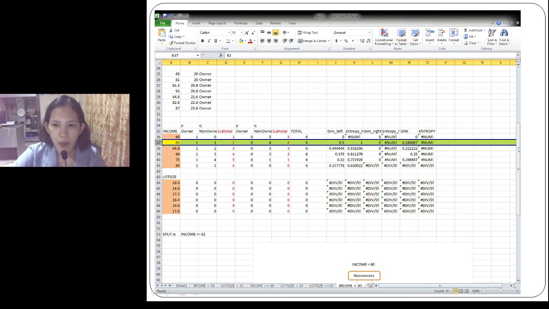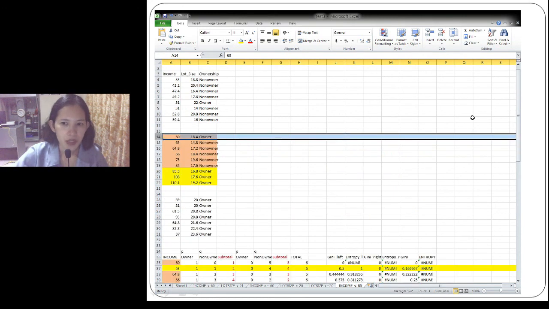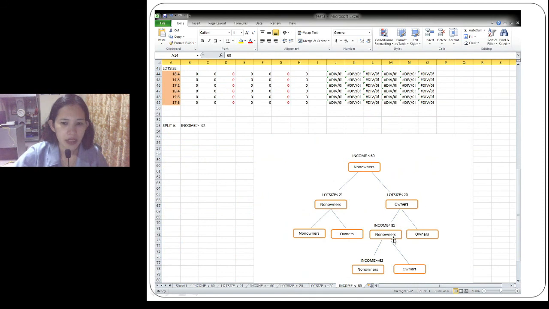However, since most of this are owners, we want to be consistent in our data structure that on the left side we will use the non-owners.